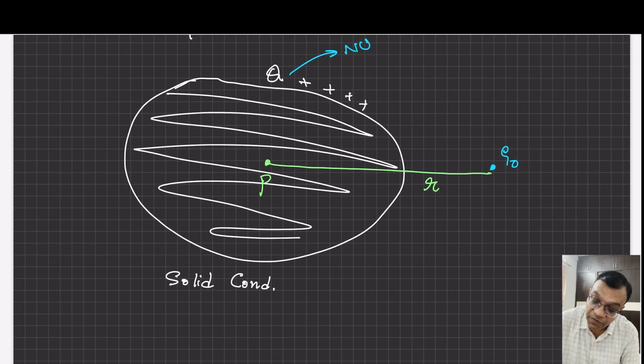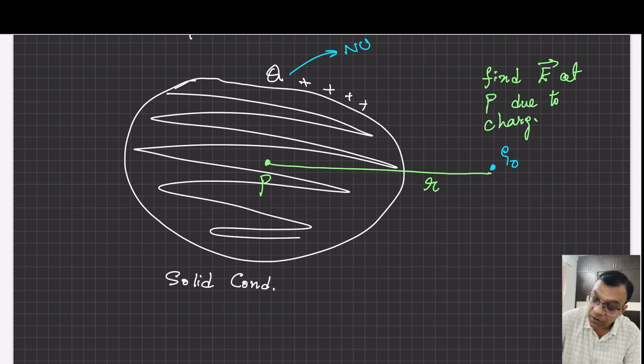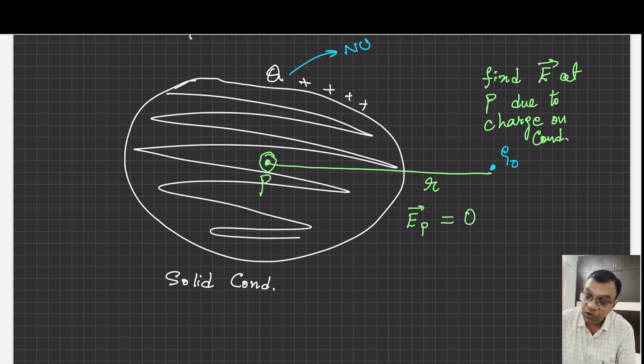We have to find the electric field intensity at point P due to the charge on the conductor. This is what we have to find. Now, point P is inside the conductor where the conducting medium is present. So the net electric field at point P is equal to 0. Why is it 0? Because the field in the bulk of the conducting medium must be 0.